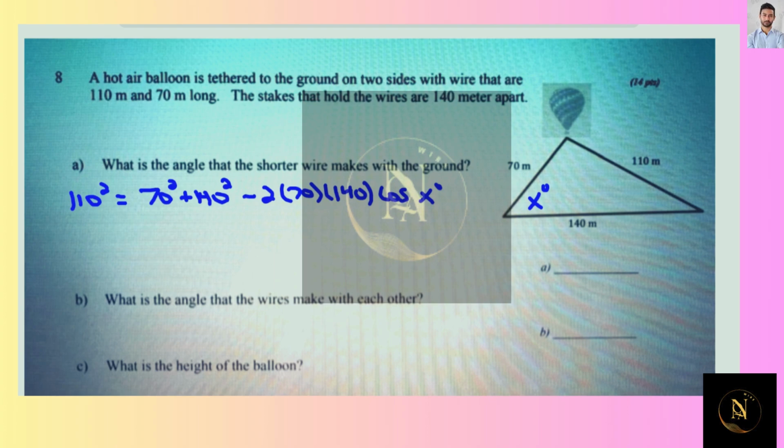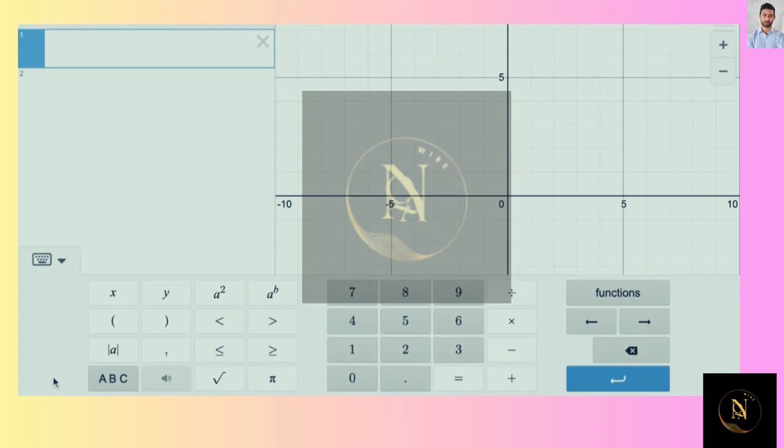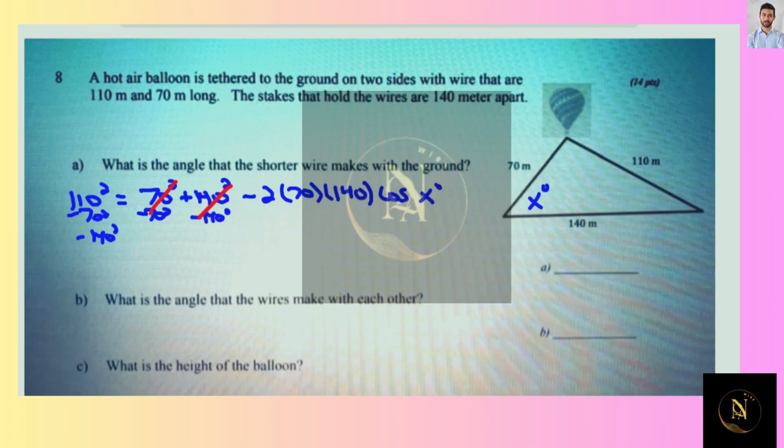And I would start by subtracting 70 squared and subtracting 140 squared to cancel them out. So let me go to a calculator. 110 squared, subtract 70 squared, subtract 140 squared, and we're at negative 12,400.